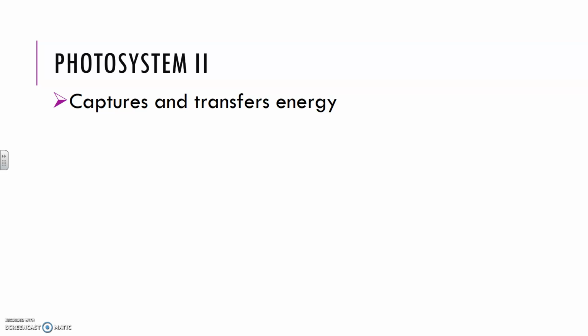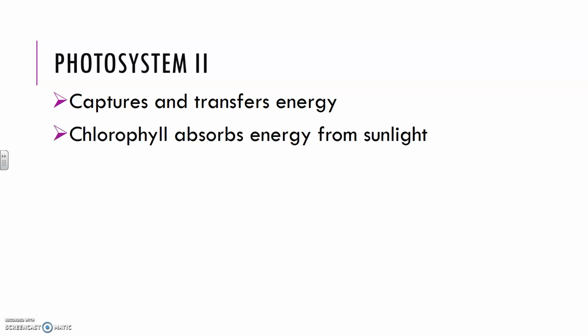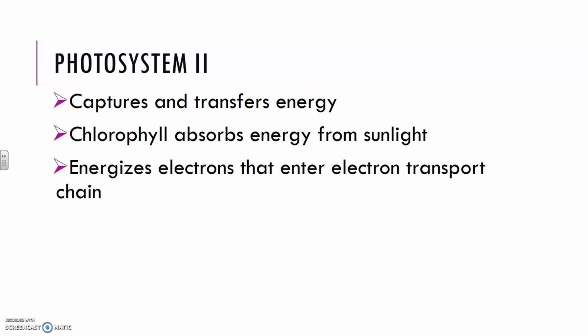It captures the initial energy from the sun and then transfers that along. So it captures it using chlorophyll. Chlorophyll will absorb energy from sunlight, and then that will be used to energize electrons that enter the electron transport chain. The electron transport chain is just a fancy way of saying electrons get passed into a membrane and then passed along it.